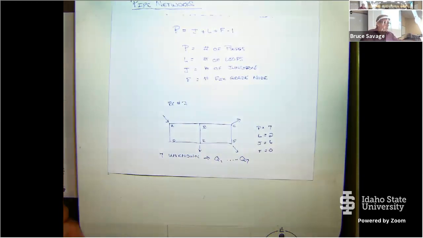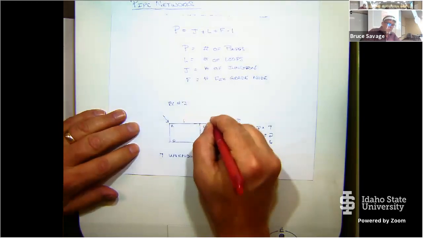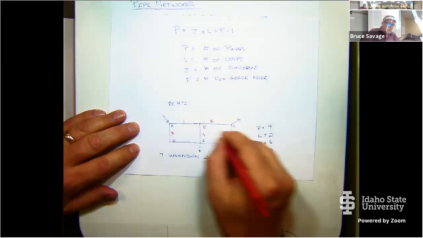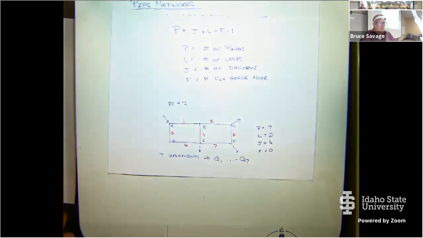We can even number those pipes 1, 2, 3, 4, 5, 6, 7. So I have 7 unknowns, so that should tell you how many equations you need: 7 equations.